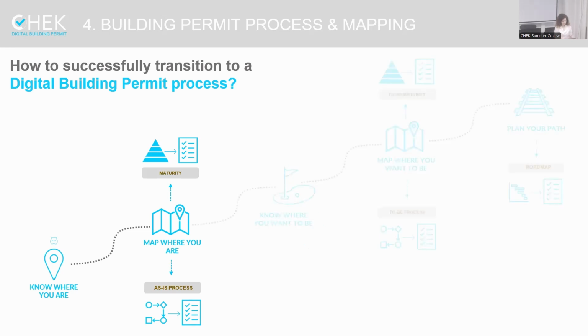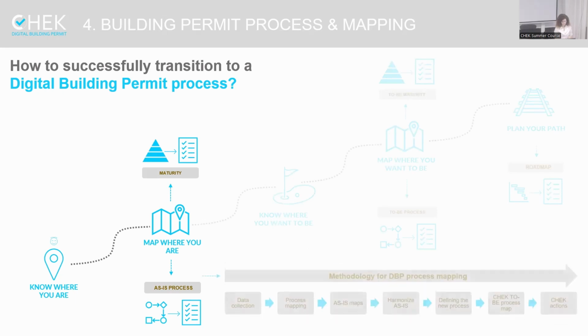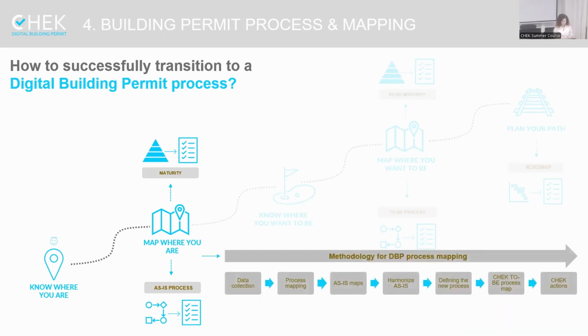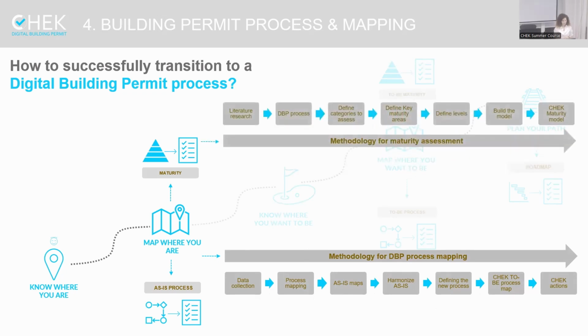And for that, for building the as-is process, of course, we built the whole methodology that went through very defined steps. And also for assessing the maturity of this process, we had to build a maturity model because it didn't quite exist in the beginning.